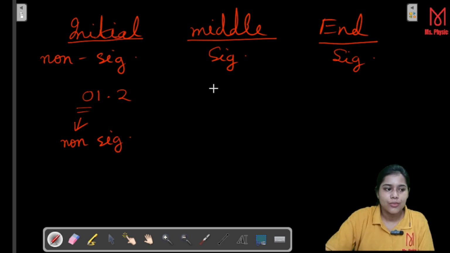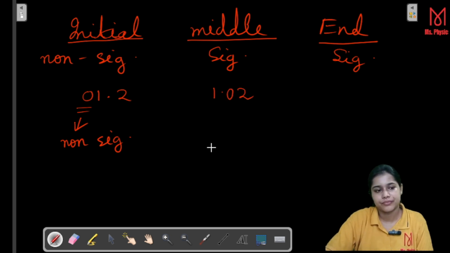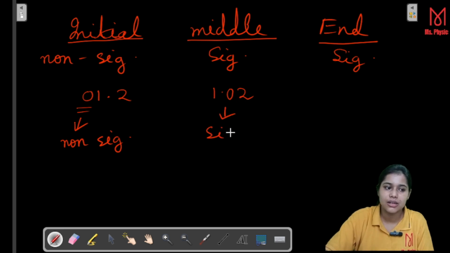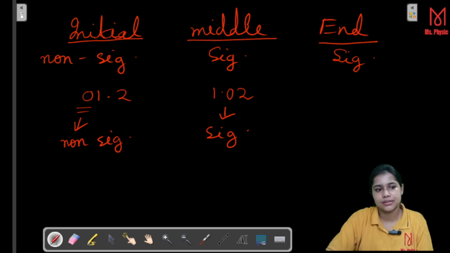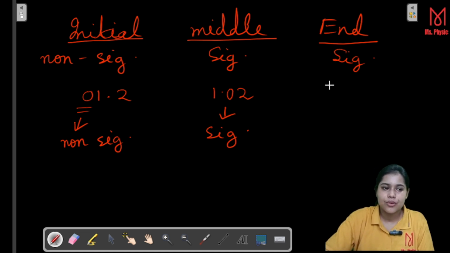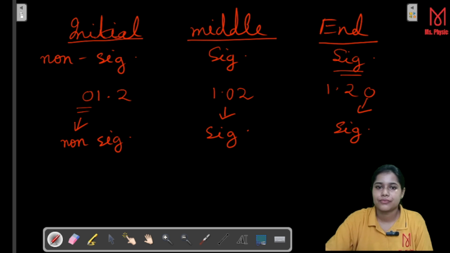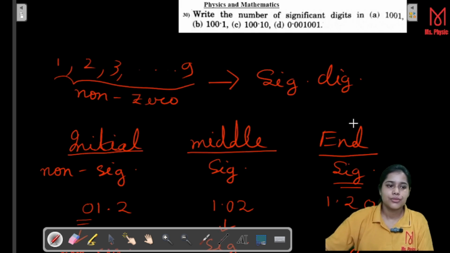Now when 1.2 and 0 is placed between them, since 0 is placed between two non-zero digits, it will be considered as your significant digit. And if 1.20, here though 0 is placed at the end, it is after the decimal point, so it is considered as your significant digit. Here 0 is a significant digit. Clear?